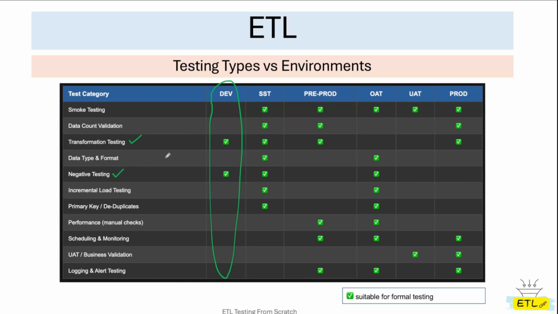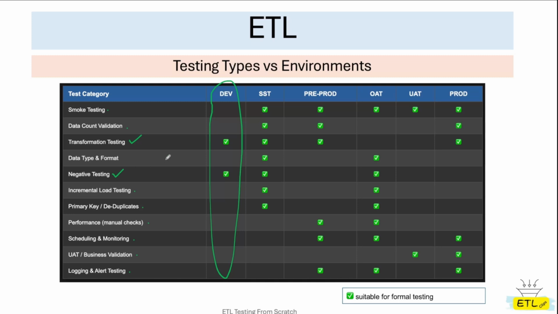So developers don't do smoke testing, data count validation, incremental load testing, primary key dedupes, performance testing, monitoring, UAT or business validation, or logging and alert testing. They just pick the ETL mapping sheet and focus on the transformation logic and various negative testing and boundary conditions.